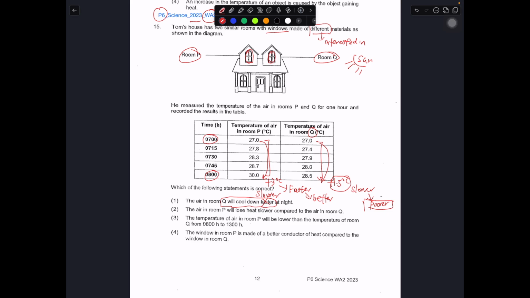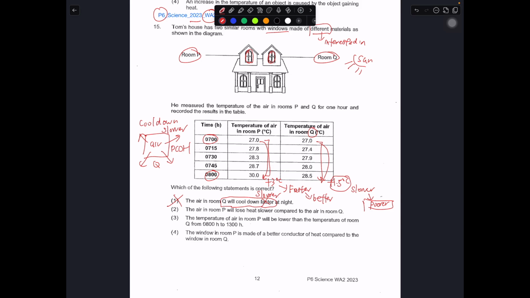So the material itself will slow down heat loss from the room to the surrounding. So for Q, the air inside Q, because this is a poor conductor of heat, it will slow down heat loss, so it will cool down slower. So definitely wrong. In fact it should be cool down slower, not faster.